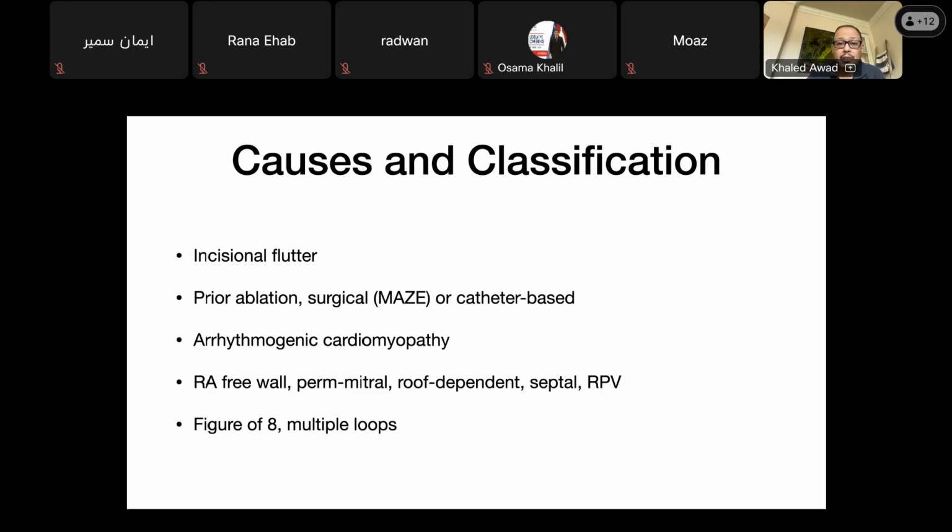enlargement of the atria, and there is a very nice document that was produced by, I believe, the Heart Rhythm Society, and it could have been the American College of Cardiology, the ACC, and it was essentially focused on arrhythmogenic cardiomyopathies. I recommend reading it.